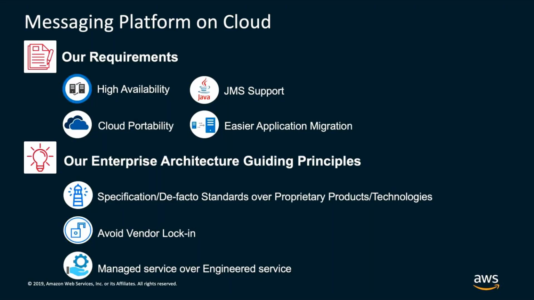It should have JMS support, because we have a heavy investment in JMS as our messaging platform's protocol or specification, because we always believe in specifications or de facto standards over proprietary protocol products and technologies. So the messaging broker that we choose should be JMS compliant.